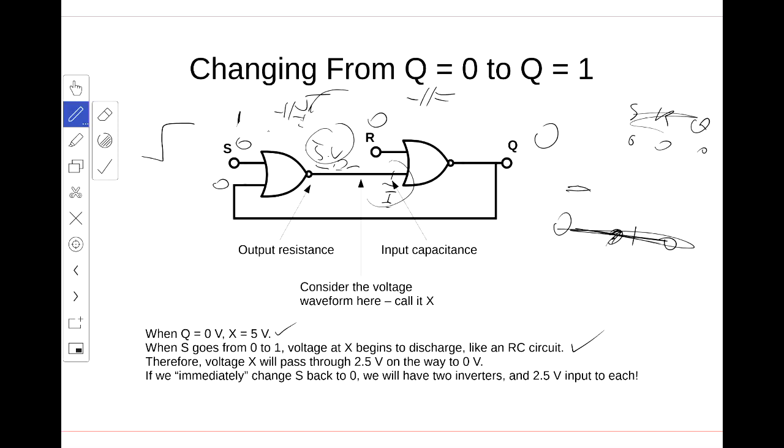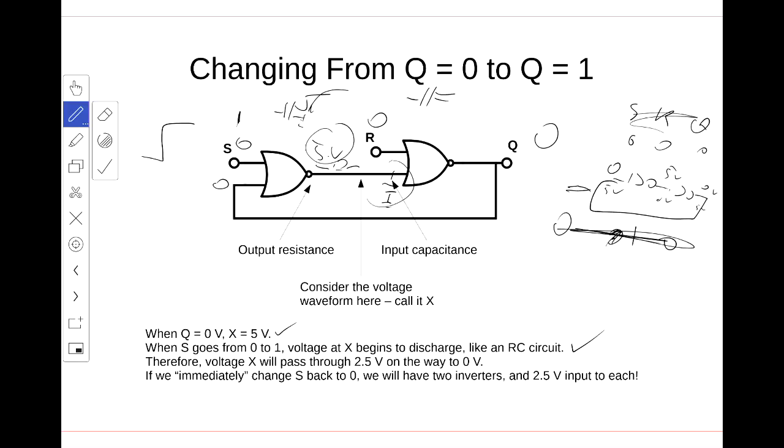So when S is 0 and R is 0, I have got two inverters connected back with a feedback loop. And so what I was trying to say here before I got ahead of myself is if I've got 0 volts here and 5 volts here and 0 volts here, that's a stable point. If I have got instead 5 volts here, 0 volts here and 5 volts here, that's a stable state.